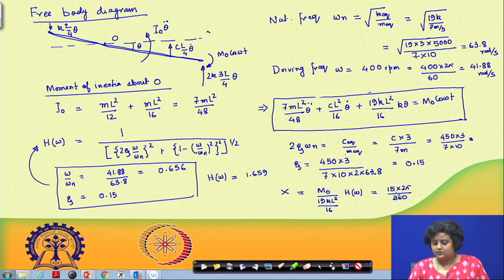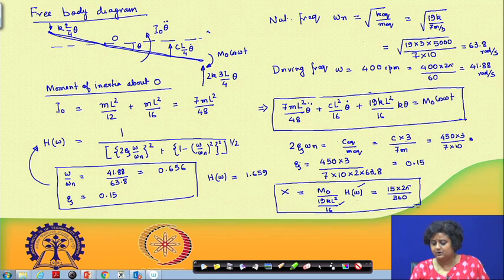We know the value of H(omega), we know all these parameters. So, from this expression we can find out the value of M0, which will produce a maximum steady state response of 15 degrees.